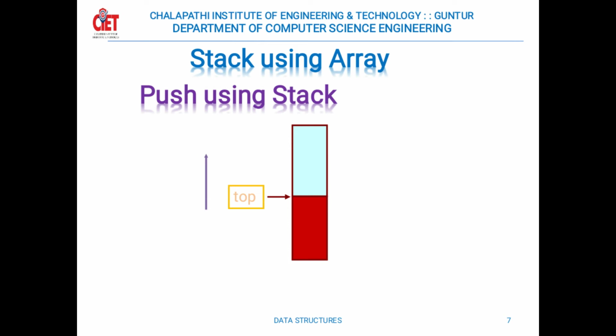So when one element is added to the stack, the top is incremented by 1. Here look, the top has changed its location by one element. So when one element is pushed into the stack, the top is incremented by 1.